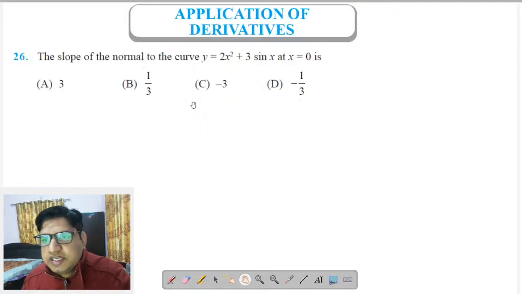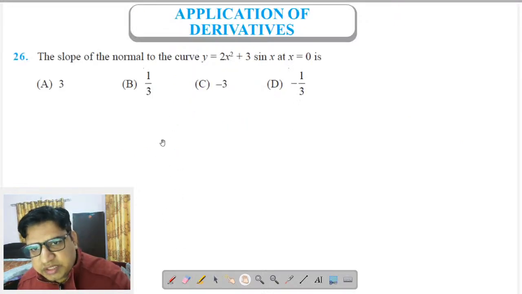So guys, let's have one more question from the same topic. The slope of normal to the curve is given to us, and we need to find out which one is correct. Okay, slope of normal to the curve.